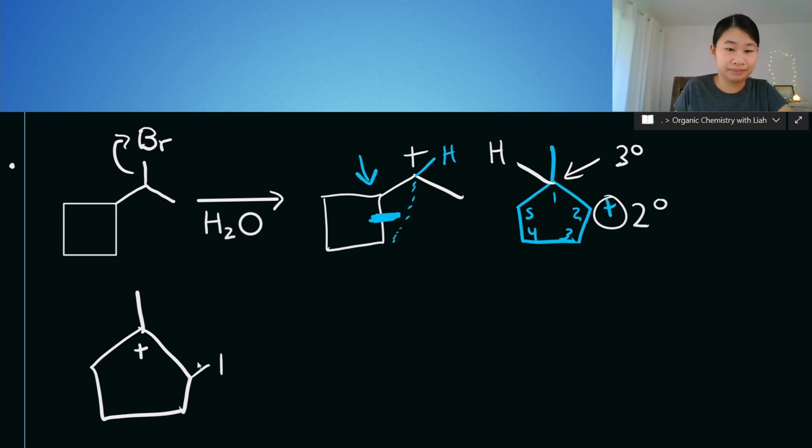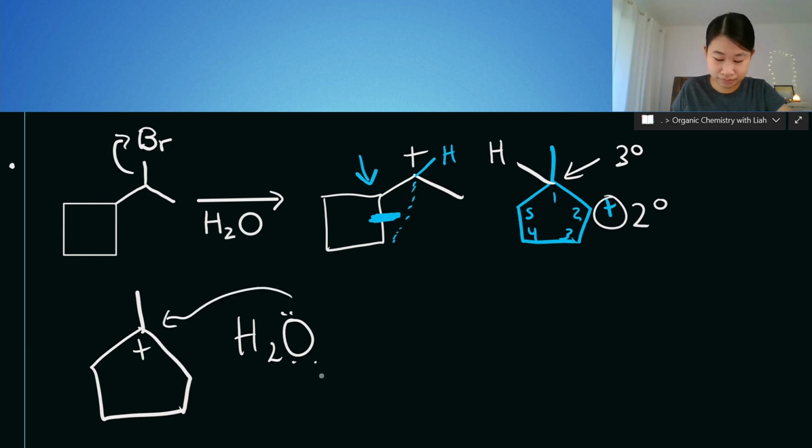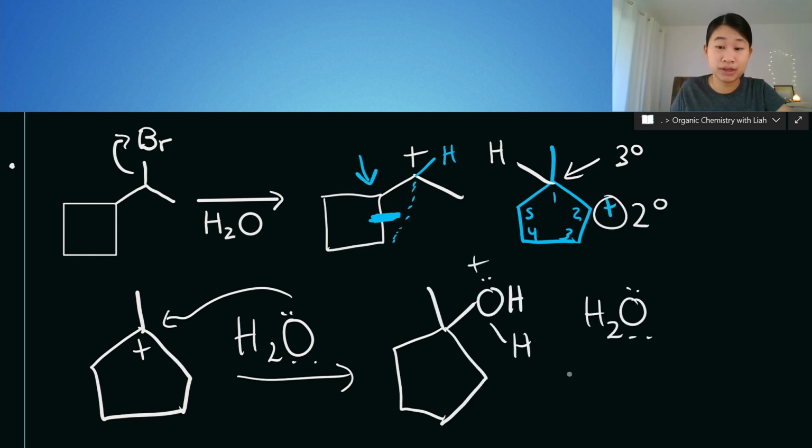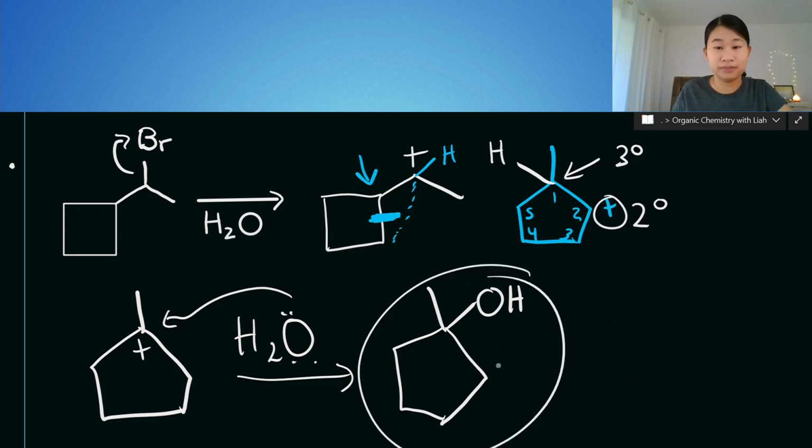That's implied. Now that we have our tertiary carbocation, the nucleophile will attack. Then we need to deprotonate, okay? And essentially what you're doing there is just removing an H, and so this will be your product.